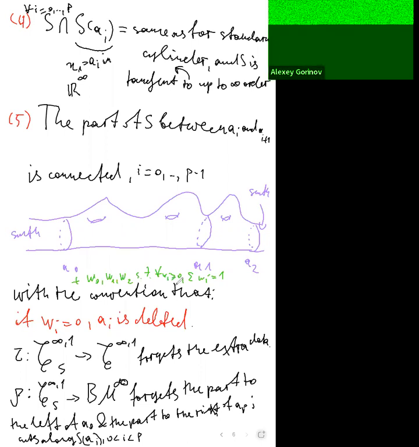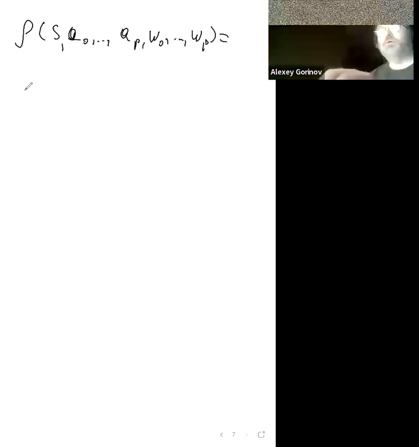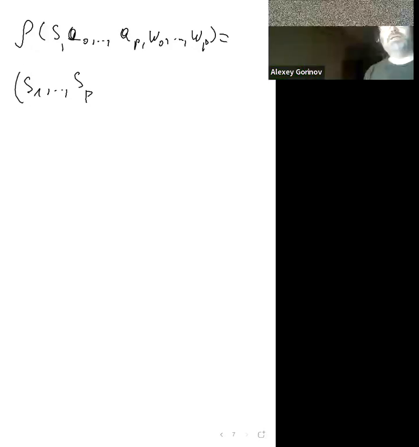So we set a row of S, comma, A node, AP, W node, WP to B. S1 and so on, SP, or more precisely the equivalence class in the classifying space.